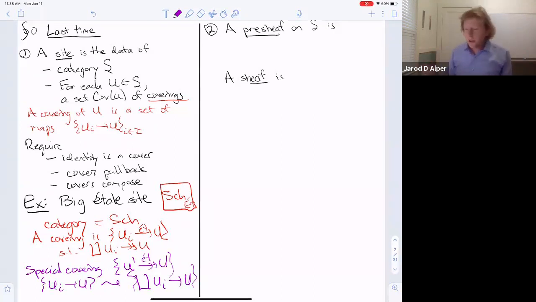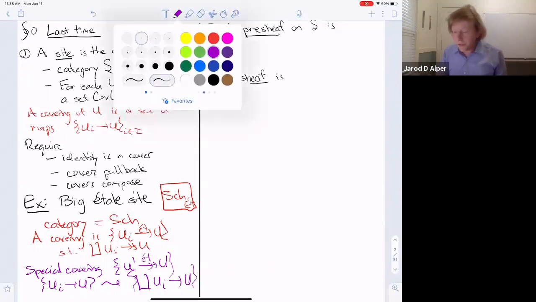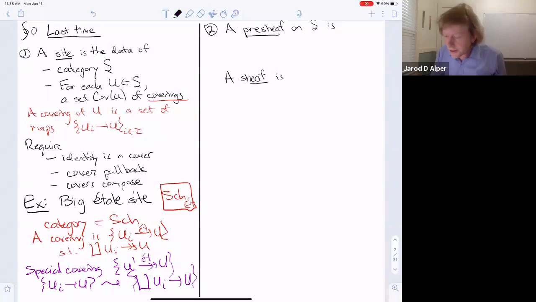And then we also defined a presheaf, and a presheaf is just a contravariant functor, say F from the category S to sets.